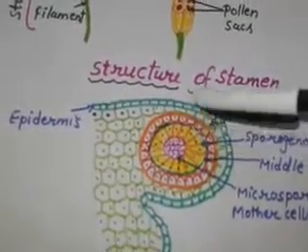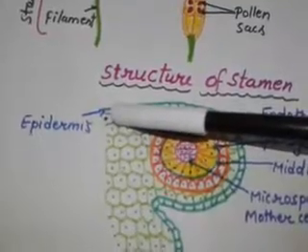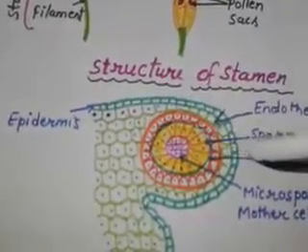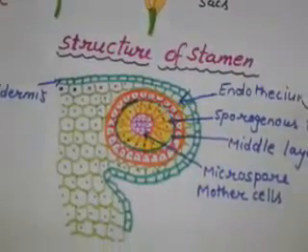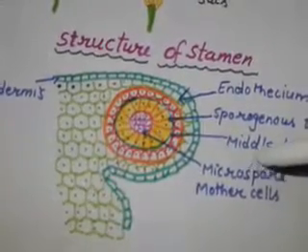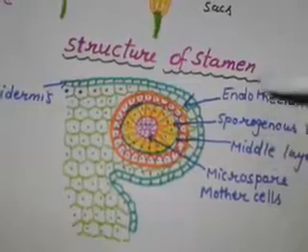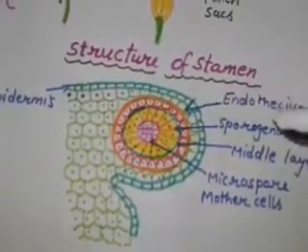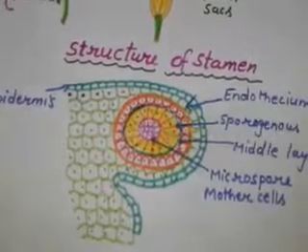And look at this, the outermost layer is epidermis, and inside it, next to epidermis, endothecium is present, and after it, the middle layer is present. So these 4 kinds of layer: epidermis, endothecium, middle layer, and this is tapetum.